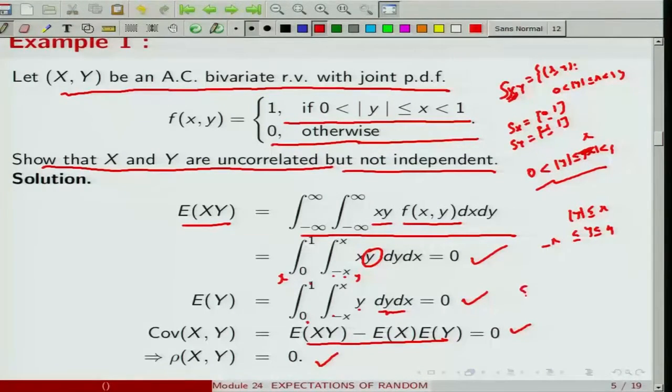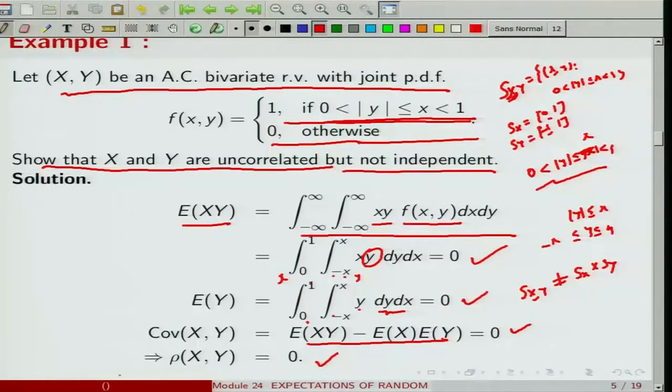So, S y would always be between minus 1 to 1. So, clearly you can see that S x y is not equal to S x cross S y. Just by observation that was also obvious, due to the fact that the ranges of x and y are intermixed. So, this suggests that x and y are not independent.